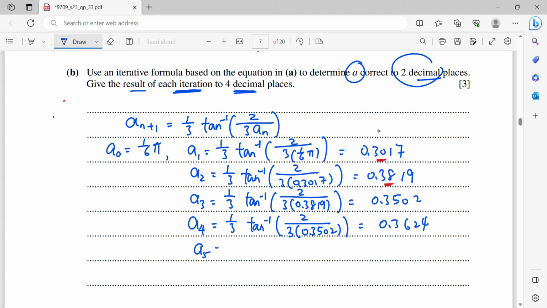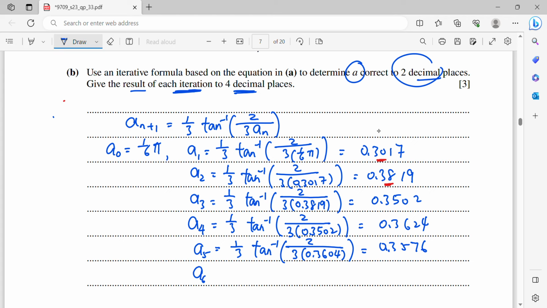Okay, then proceed, because just now 35, now 36. Then a5 will be 1 over 3 inverse tangent 2 over 3 brackets 0.3624, and you will get 0.3576. Okay, so just now 36, now 35.